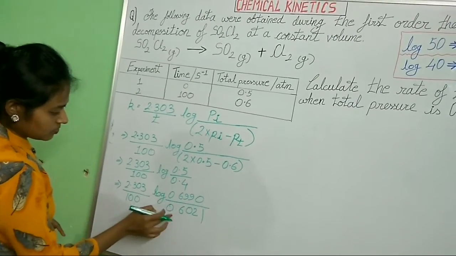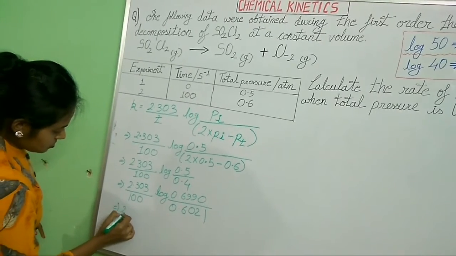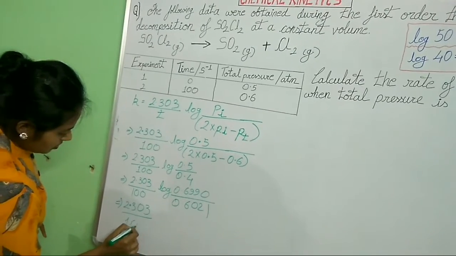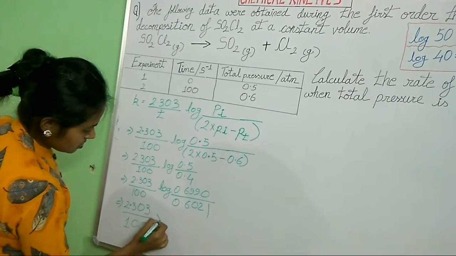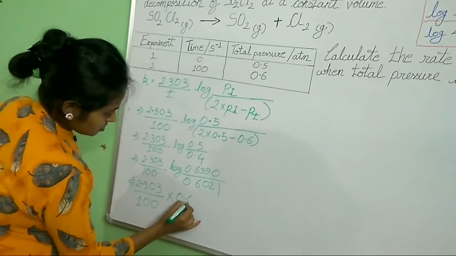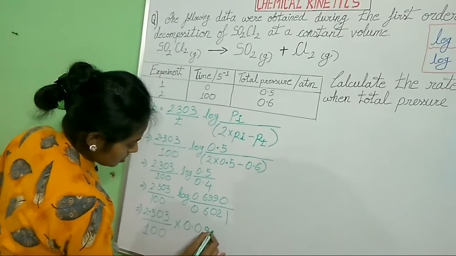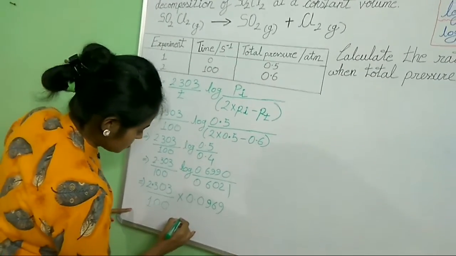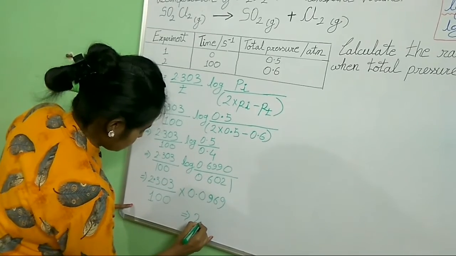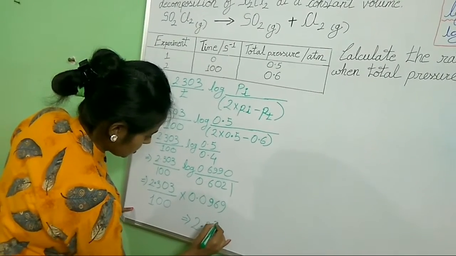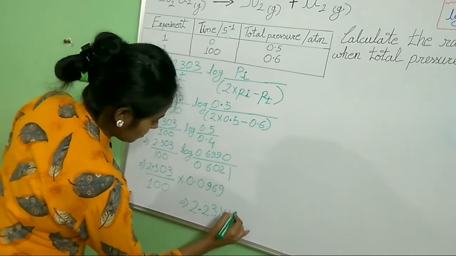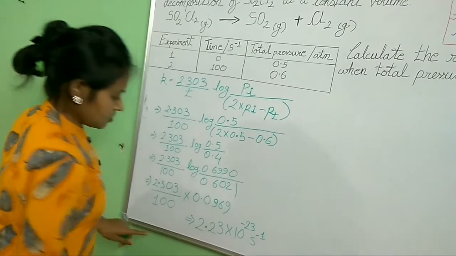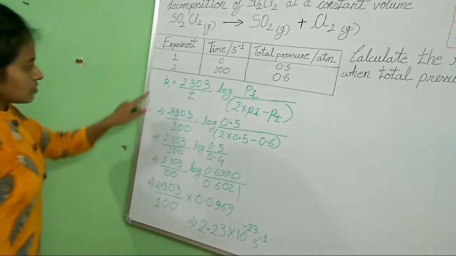Now we have to subtract both of these. So 2.303 divided by 100, subtract both of these. What will come? 0.0969. If you calculate this, how much will be the answer? 2.23 into 10 to the power minus 3 second inverse. This will be the rate constant.